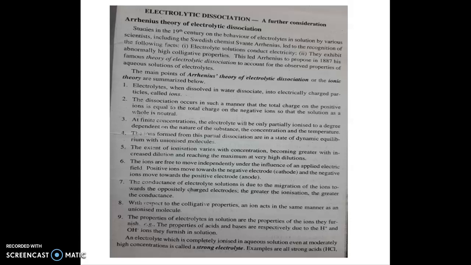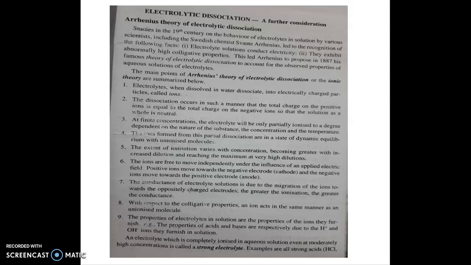The extent of ionization varies with concentration. With increasing dilution, the extent of dissociation or ionization will increase, reaching the maximum at high dilution. The ions are free to move independently under the influence of an electric field. Positive ions will move to the negative electrode and negative ions will move to the positive electrode.